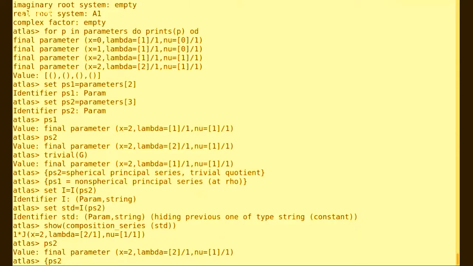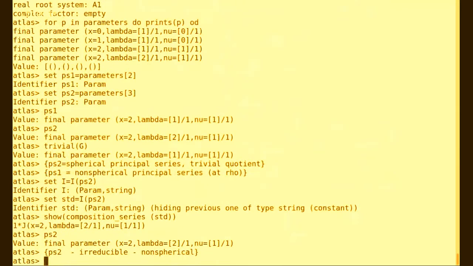PS2 is irreducible and is non-spherical. These rho shifts are never going to be easy. But the reason I know that is because I just got its composition series, and it said that it's irreducible, and this J stands for an irreducible representation.